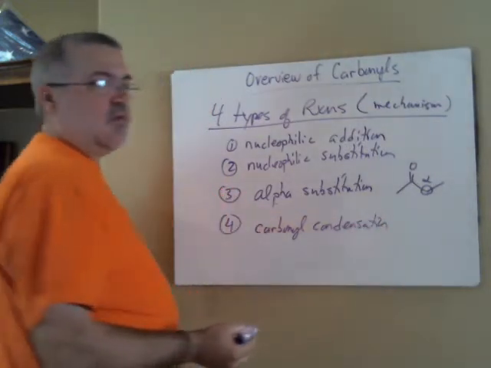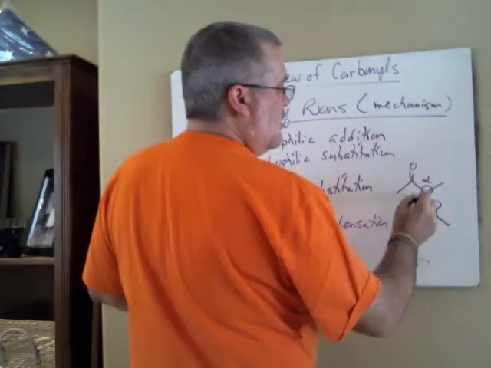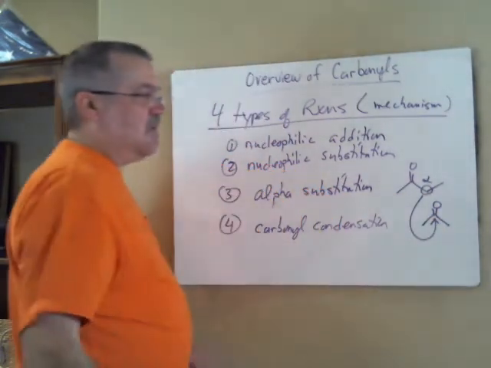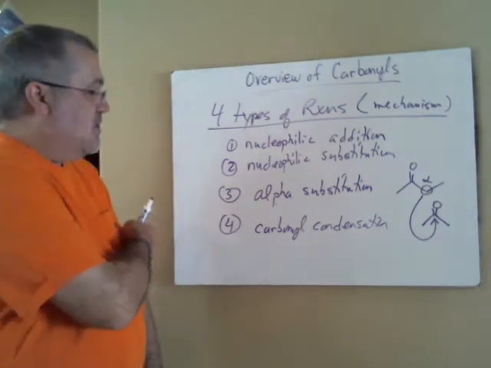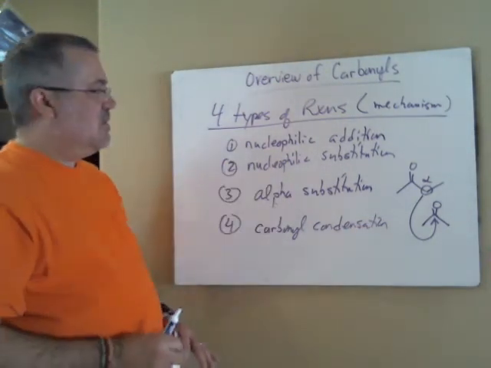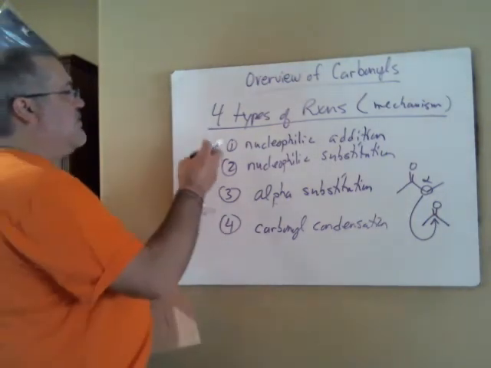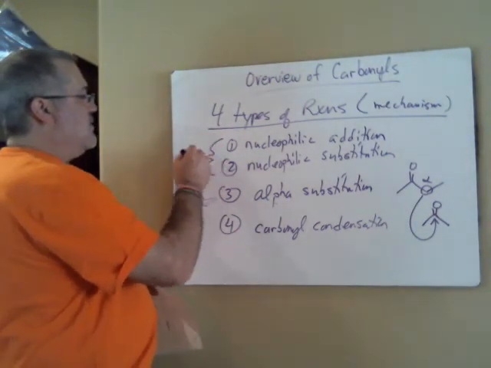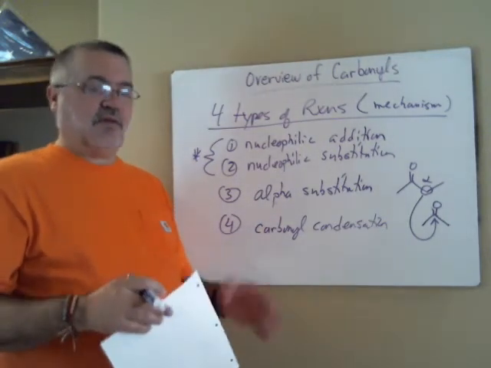And that's going to be where one carbonyl compound reacts with another, nucleophile and electrophile. Okay, so that's 2 different carbonyl compounds reacting together. Okay, and so we'll touch on all 4 of these, but by far these 2 are the most important types of reactions we have left to discuss.